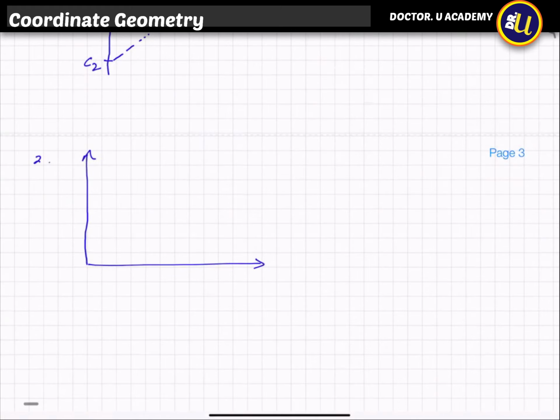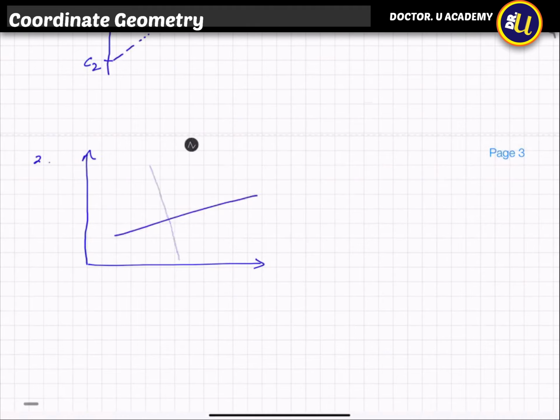Now the second one would be perpendicular lines. The proof of the relation between these gradients is not needed, but I will show the relation.